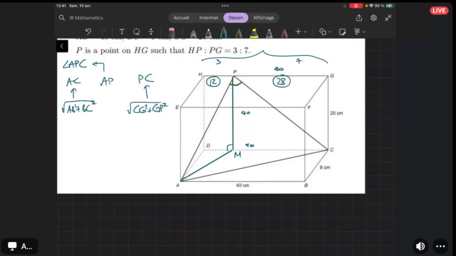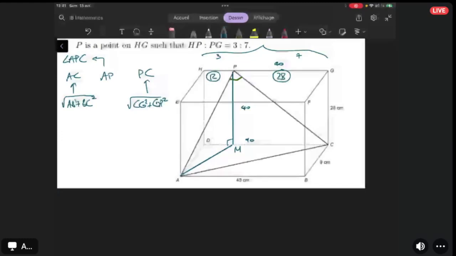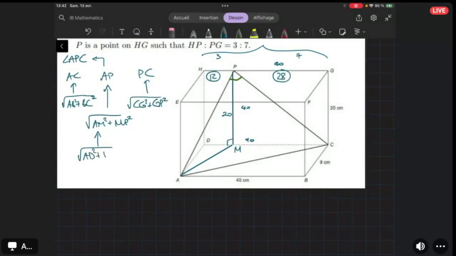M is directly below P. Because of that, and M lies on CD, therefore MP is also going to be 20. AP now goes back to AM squared plus MP squared. AM squared, again, Pythagoras back. So that's going to be AD squared plus DM squared. So that would give you the final answer.